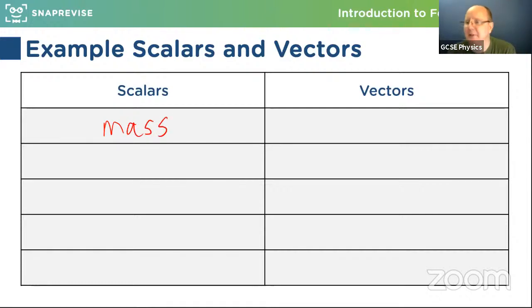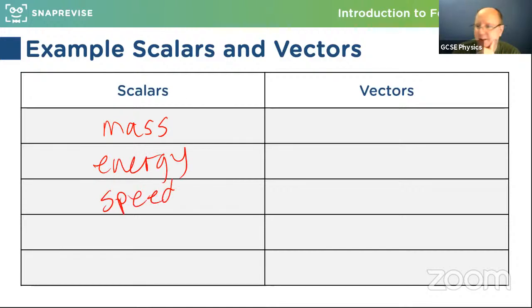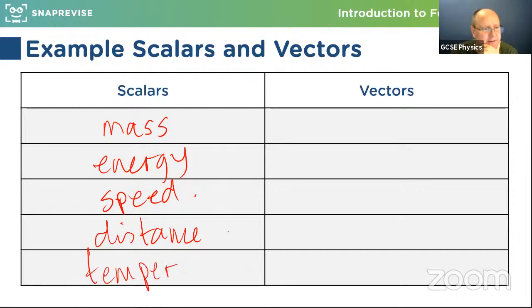Time. So there we go. If you could just state whether you think they're scalar or vector. So ultimate's got mass, energy. We talked about speed. Brilliant. Distance. These are all scalars. Yeah, temperature, that's a scalar quantity.